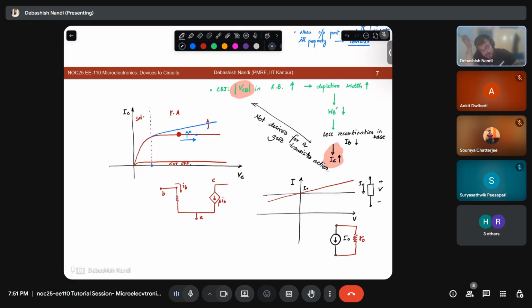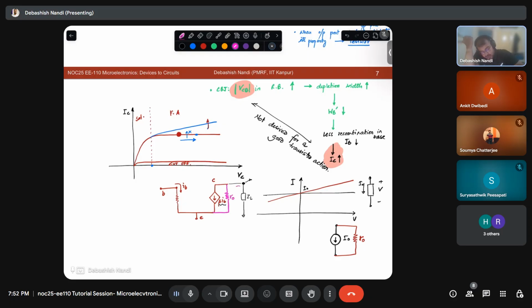So what will you expect? If you connect some load resistance, you want your voltage to get amplified, right? To that extent, the way this beta IB will change. Now think that there is a parallel resistance, this R0.